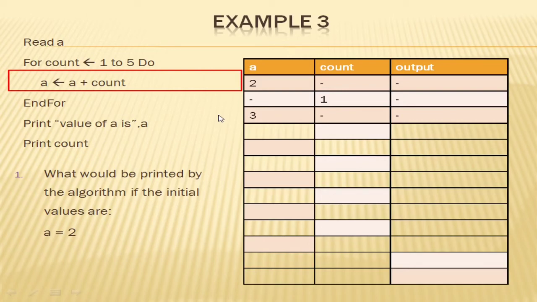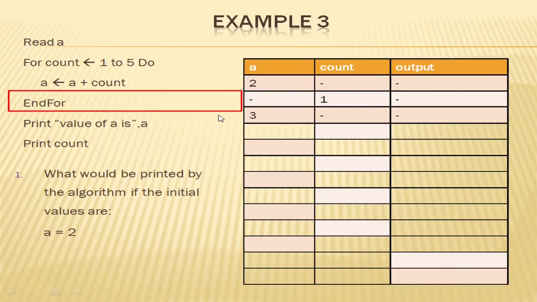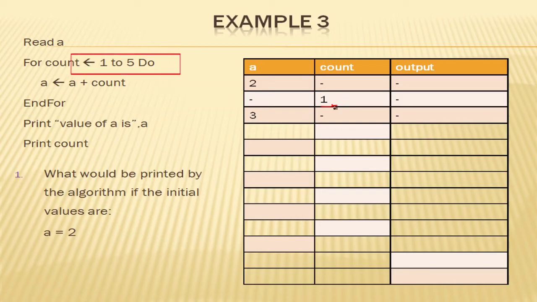The program is then going to move down to the next line, which is the end for. But this for loop is going to move from 1 to 5, and just now was the first time that we went through the for loop, because count is 1. We're going to do this until we reach 5. So we go back to the start of the for loop, and the value is going to automatically increment to the next value, which would be 2.